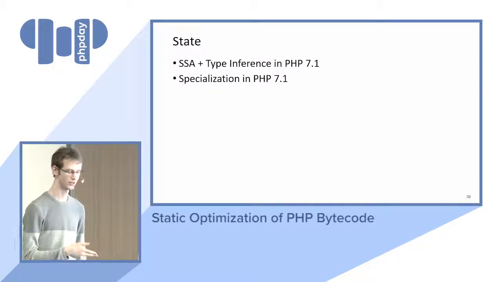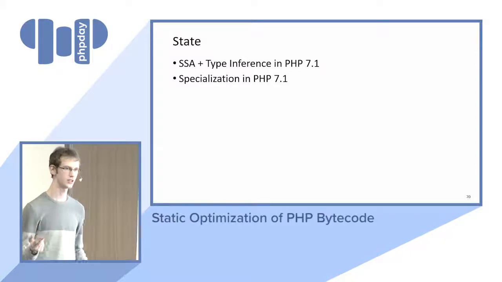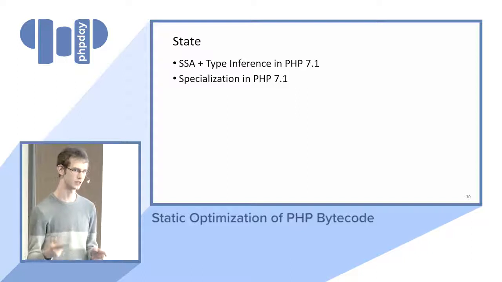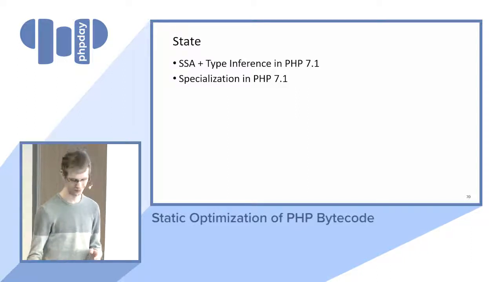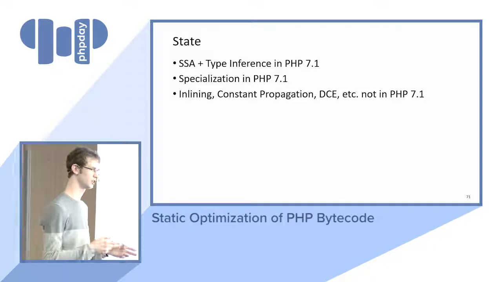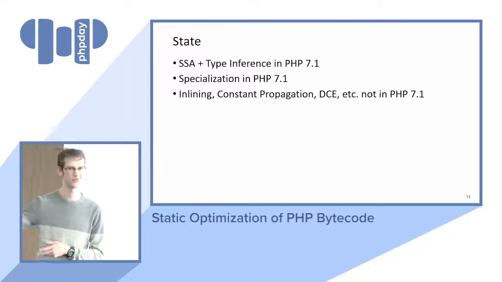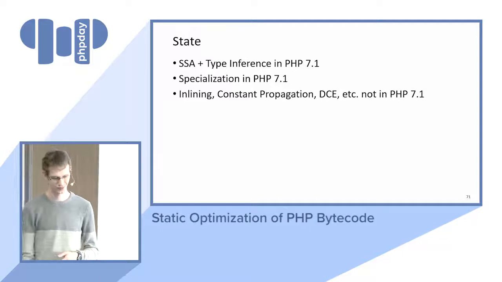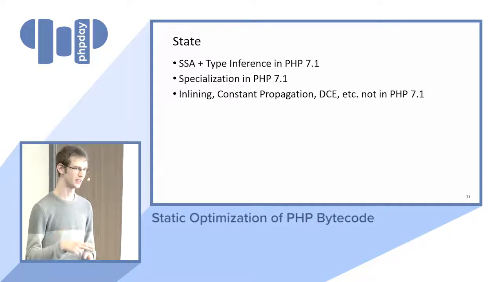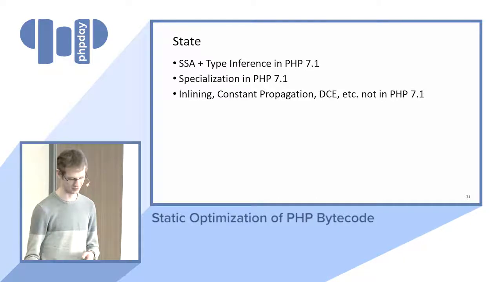Those are in PHP 7.1, and also the specialization-based optimizations, mainly because those are especially simple and especially effective. On the other hand, inlining, constant propagation, dead code elimination, we've decided to not use those for now. In particular because those kind of depend on inlining, and inlining is sort of problematic.